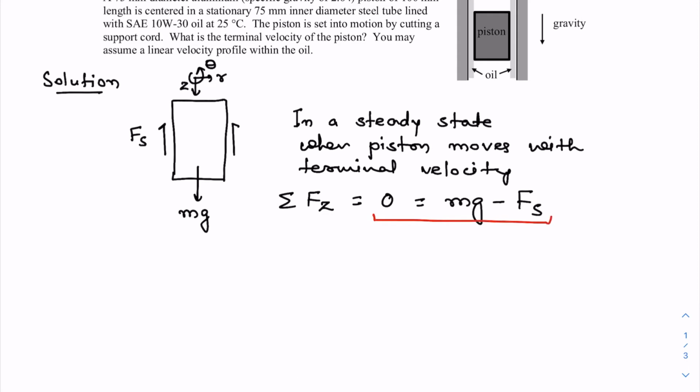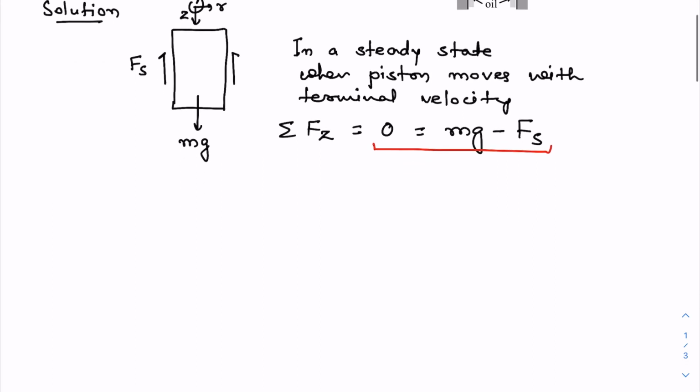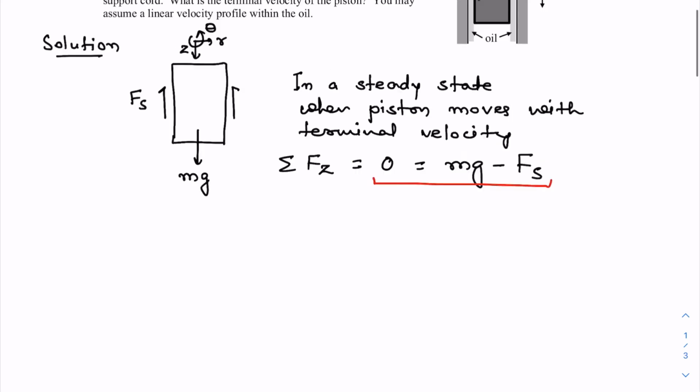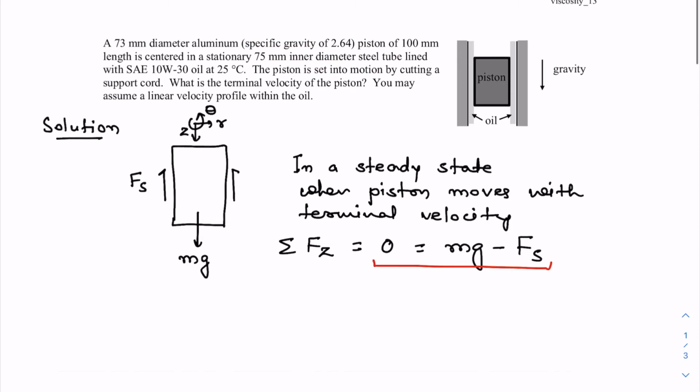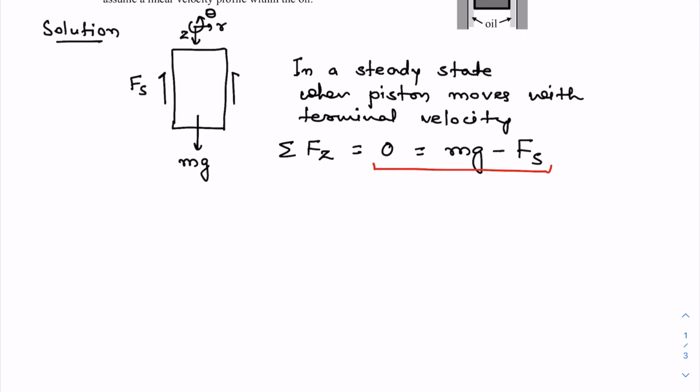Now calculating the weight of the piston is easy because we are given the specific gravity of the material, and we are also given the length of the piston and the approximate diameter. So mass is just volume times the density.